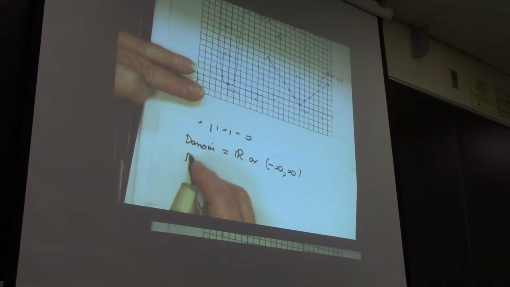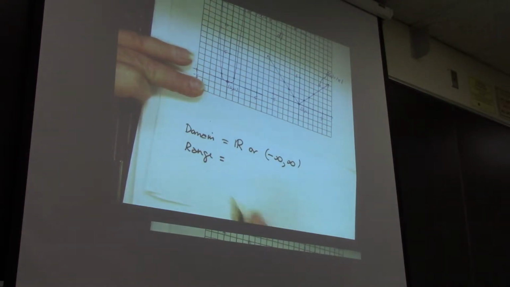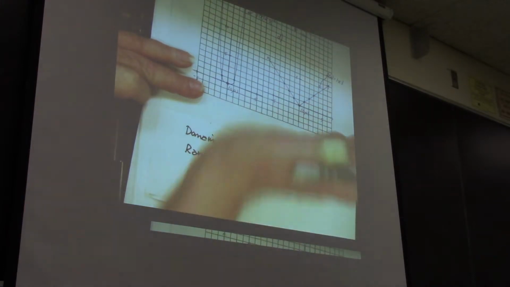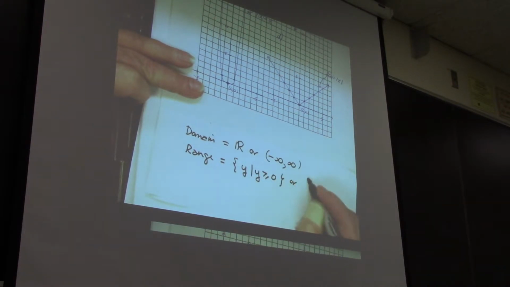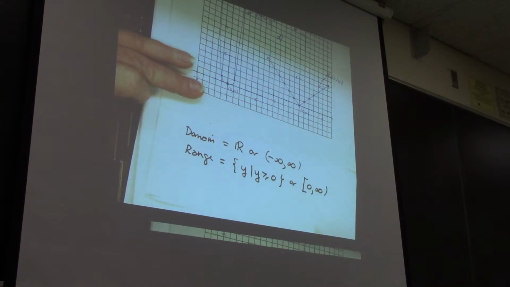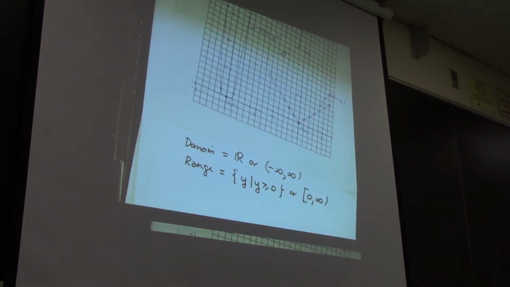What about the range? Here we need to look at the graph. Positive or 0, right? So y greater than or equal to 0, or bracket 0, comma, infinity. When you take the absolute value of a number, the smallest number you get is 0, you never get a negative number.